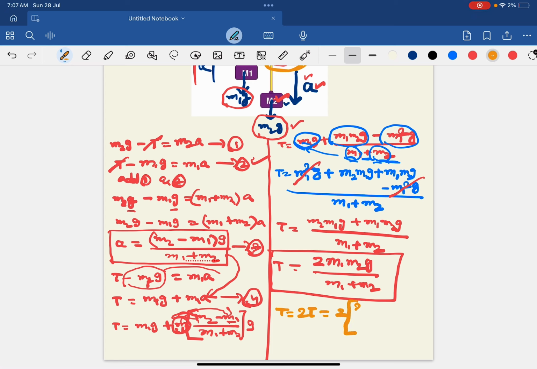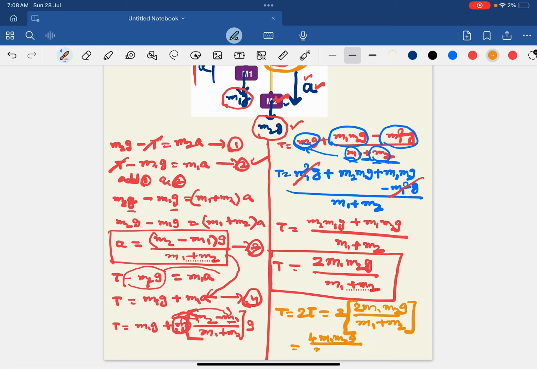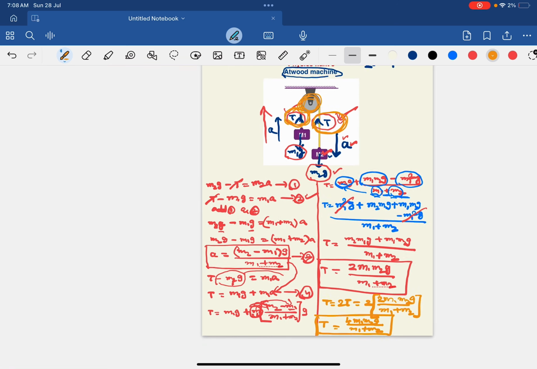That means 2 is multiplied with 2 m1 m2 g by m1 plus m2. So 2 into 2 means 4. We can write it as 4 m1 m2 g by m1 plus m2. This is the thrust.